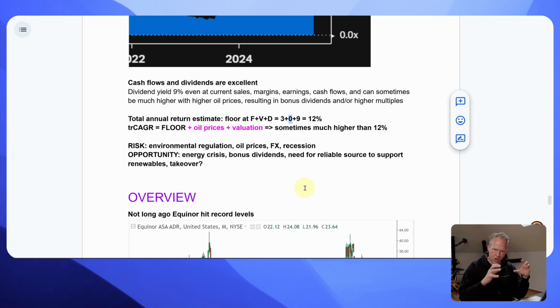If that stays constant, we could expect simply a 0% additional annual return. But what we actually could get here is a one-off, like 50% re-rating. It's not hard to imagine it going to like 10, 11 times earnings, or going from 0.65 times EV sales to 1 times EV sales. So there could be a 50% one-off re-rating here.